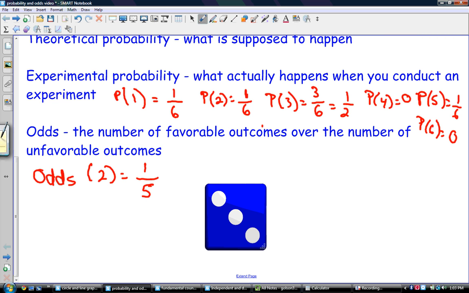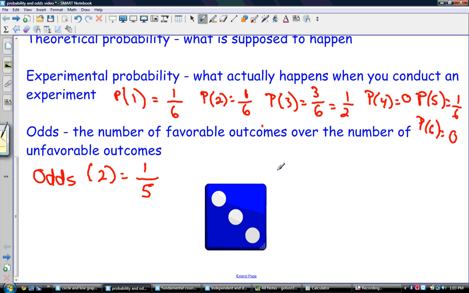If I roll a 1, a 3, a 4, a 5, or a 6, those would be unfavorable. And so the odds, it gets very confusing because odds look like probability. It's still written as a fraction. Difference here is you can actually have improper fractions.